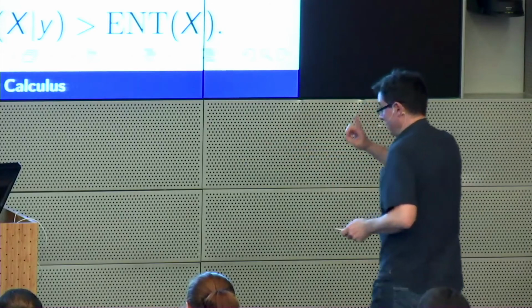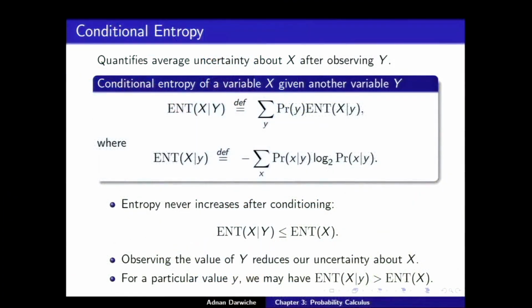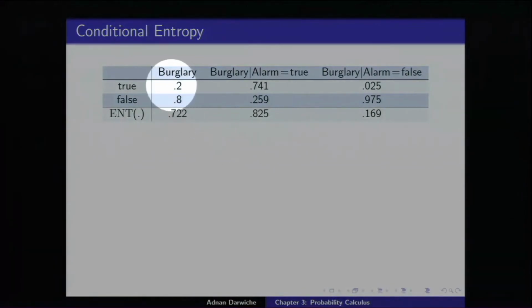So it's possible that the entropy of x given a specific value of y may go up, but their average will not, all right? And in fact, you see this notion vividly in this example. Look at this burglary, right? Here's the distribution, here's the entropy, the prior entropy. Now we want to compute the conditional entropy.